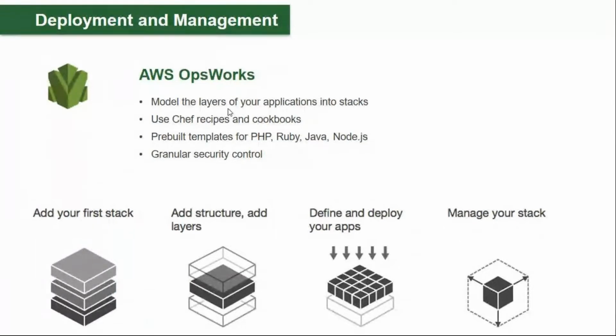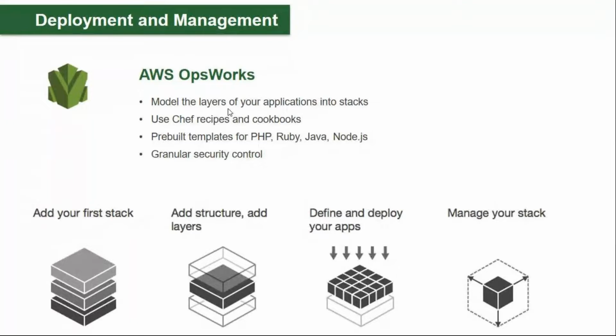This is Amazon OpsWorks. AWS CloudFormation gives developers and systems an easy way to create a collection of related AWS resources and provision them in an orderly and predictable fashion.